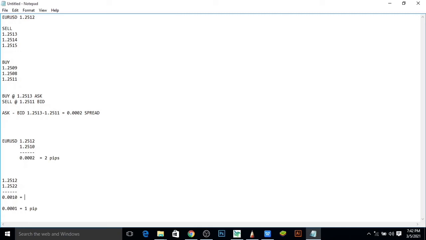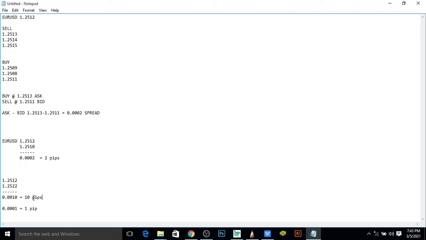You are right if you said 10 pips. Because if you look at 0.0001 and 0.0010, it is a movement of one decimal place up. The decimal place has moved from the fourth decimal place to the third decimal place, so the multiplication has to be by 10. So this 0.0001 is 1 pip.